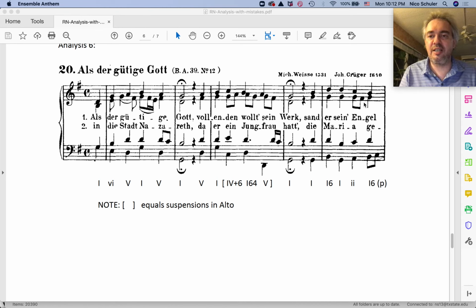In this case, the F sharp is best analyzed as a chord tone, because then it would be F sharp, A, and C, which would be 7 diminished 6. That would be a dominant functioning chord resolving to 1/6, the G major triad in first inversion.